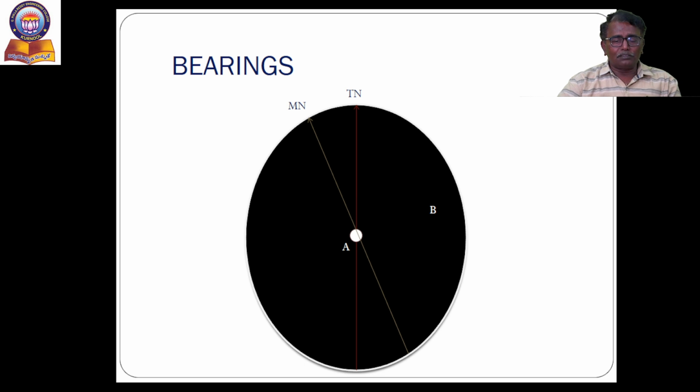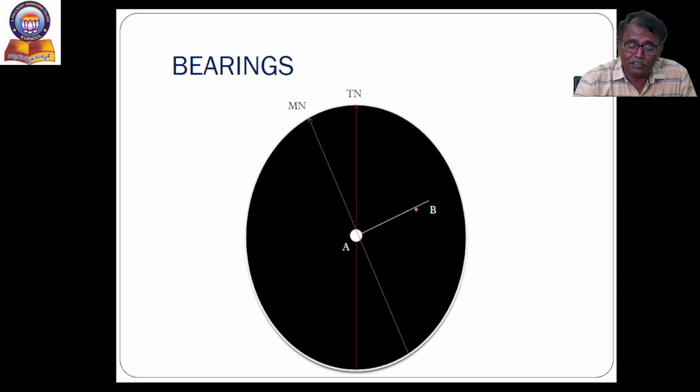Here it shows the true north direction, and the magnetic needle may settle slightly deviating from the true north direction. That shows the magnetic north here. AB is the line whose bearing has to be measured.